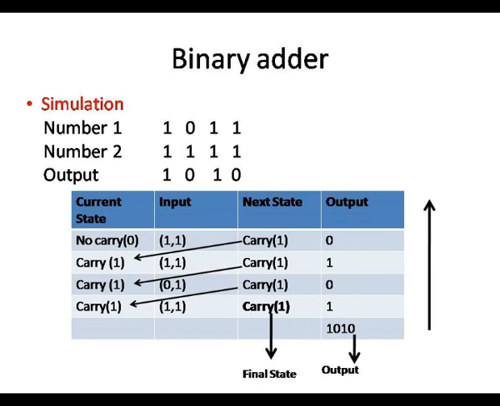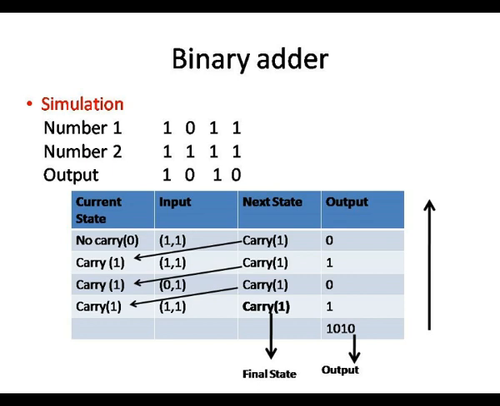Initially the machine is in no carry state. If the input is 11, then it goes to the next state carry and it will produce the output 0. The current state of the machine is now carry. The next input is 11, the machine goes to carry state and it will produce the output 1.